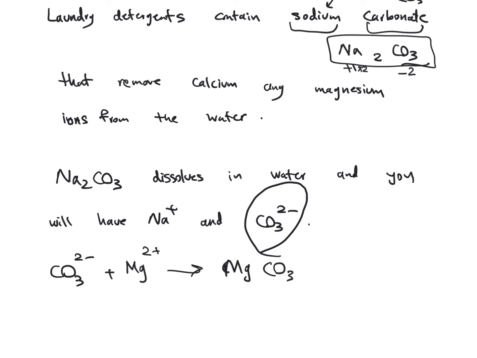MgCO3. And I will teach you, as we go, how to write chemical equations. But this is just for the sake of demonstration of what happens. So to recap, you have laundry detergent that has sodium carbonate in it. That sodium carbonate in water dissociates into its constituent ions, sodium and carbonate.